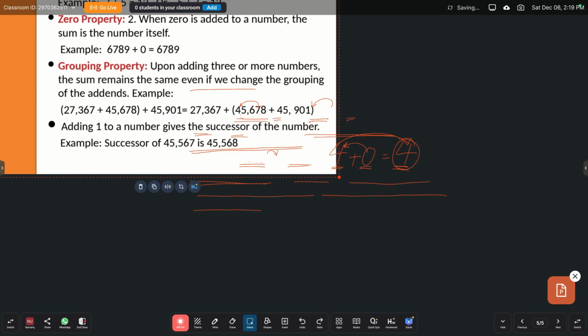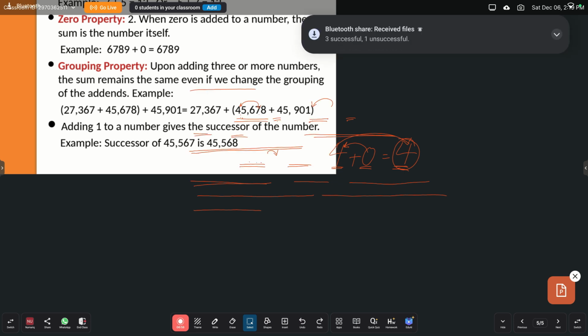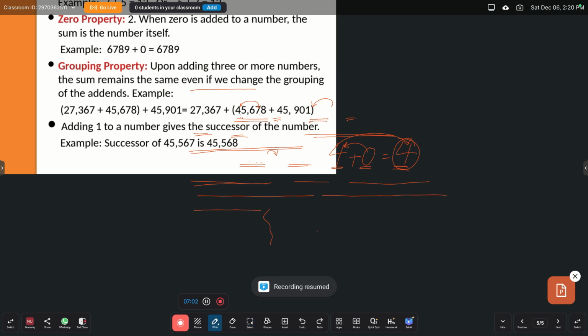See beta, it means that if I am having, let me take 3 numbers. Okay, for example, I'm having 2, I'm having 4, and my another number is 3. Okay, and I'm supposed to add these 3 numbers. Now I have 2 options here.